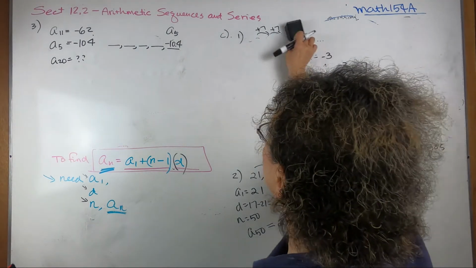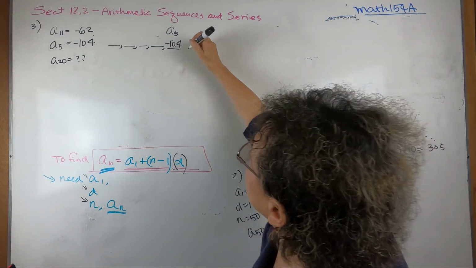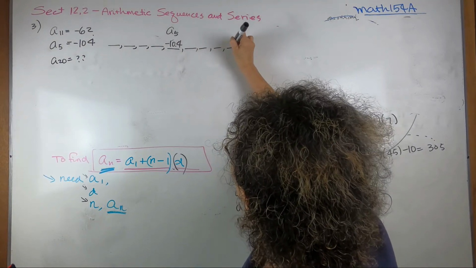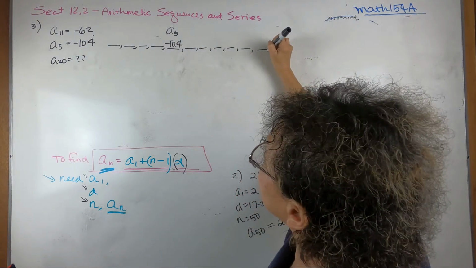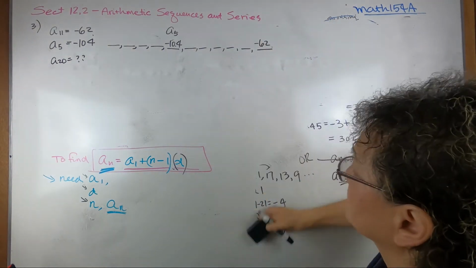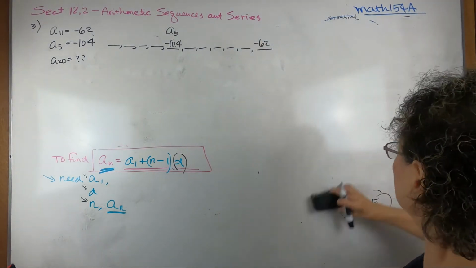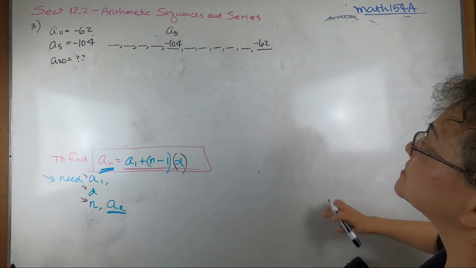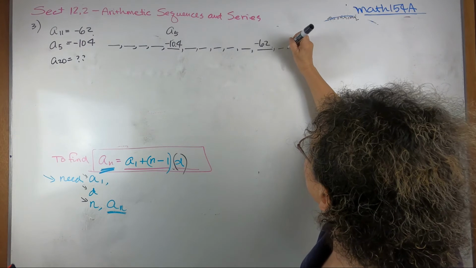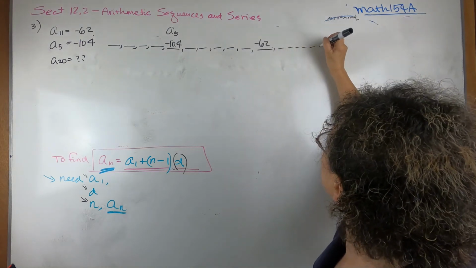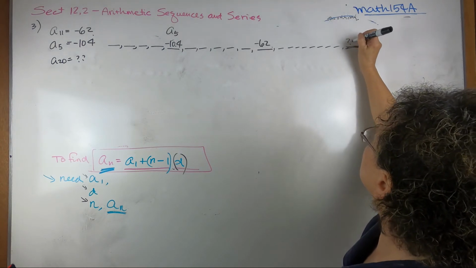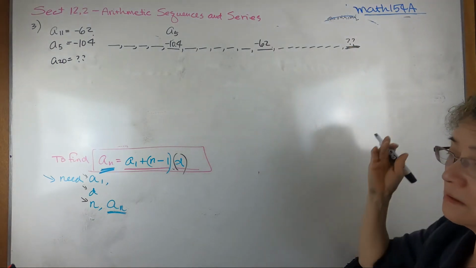Then you continue to go 5, 6, 7, 8, 9, 10, 11th is negative 62. Okay? Then we expect you to find what? 11, 12, 13, 14, 15, 16, 17, 18, 19, 20.